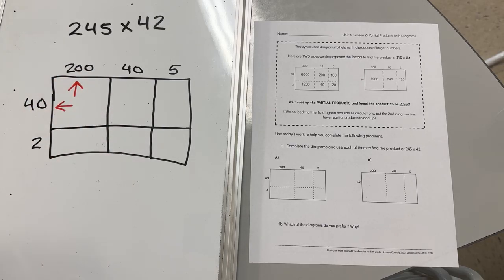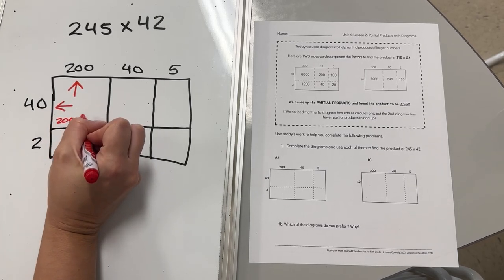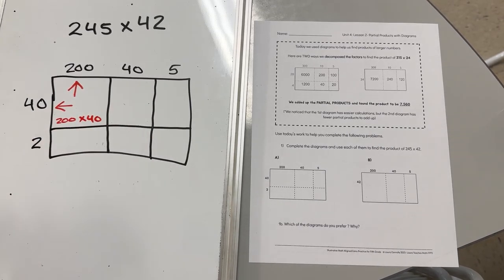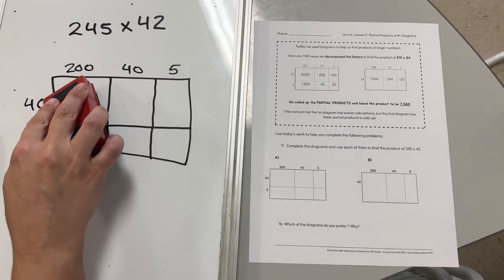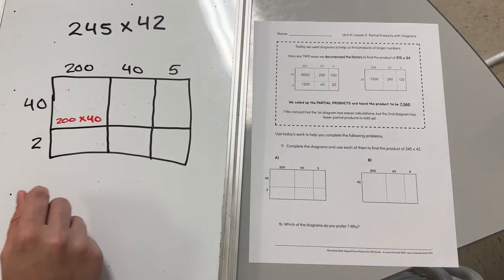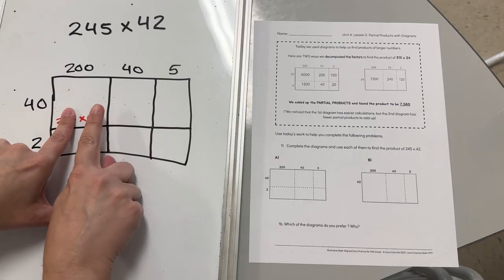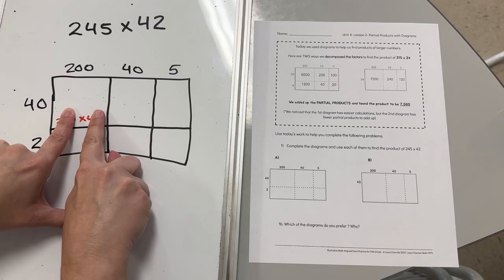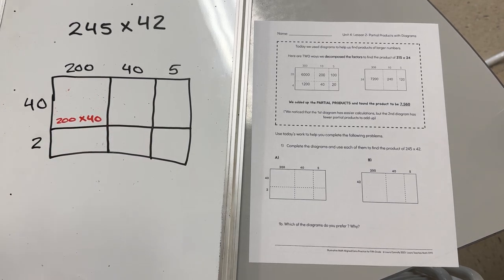So that means that this box represents the equation 200 times 40. Now, I can use my rule of zeros here, and I can pretend that there are no zeros on this number, turning my 200 into 2 and my 40 into 4. And it looks like 2 times 4.